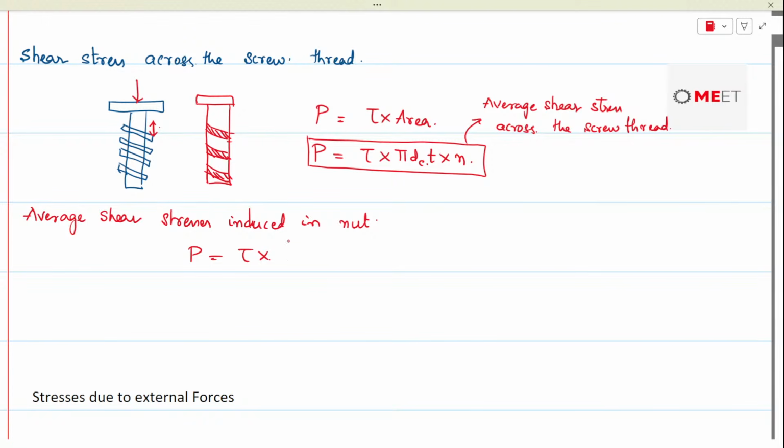For the nut portion, instead of core diameter, nominal diameter would be used. That is pi into d into thickness. T stands for thread thickness. This is the dimension T. So pi into d into T into n, where n is the number of threads in engagement.